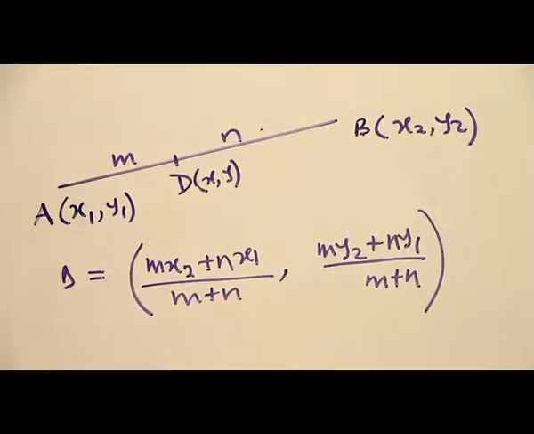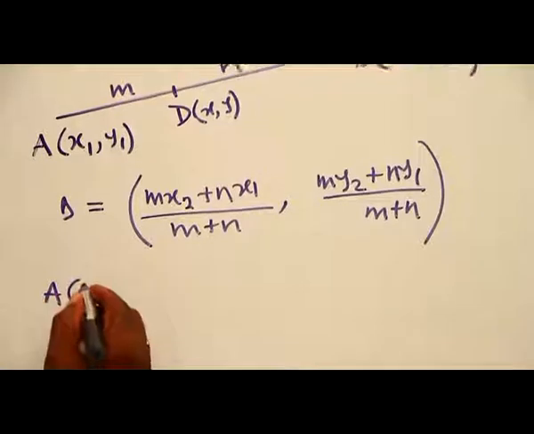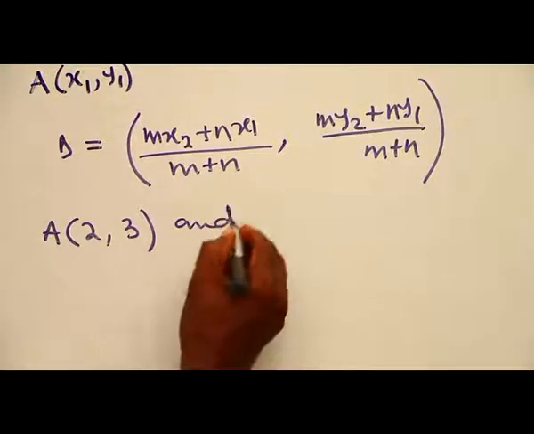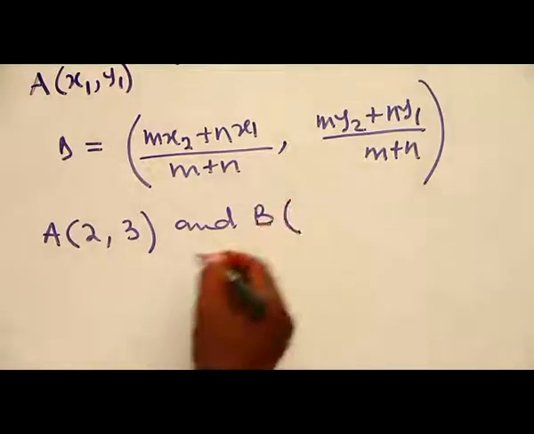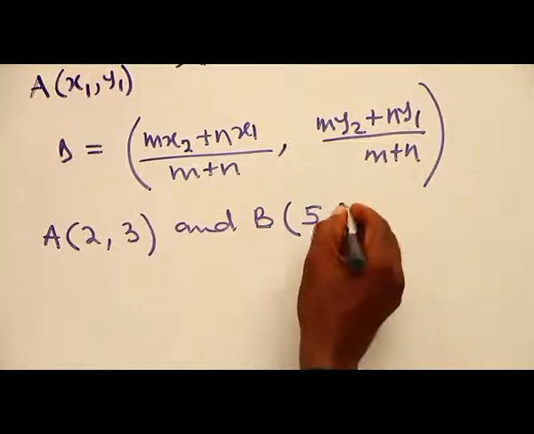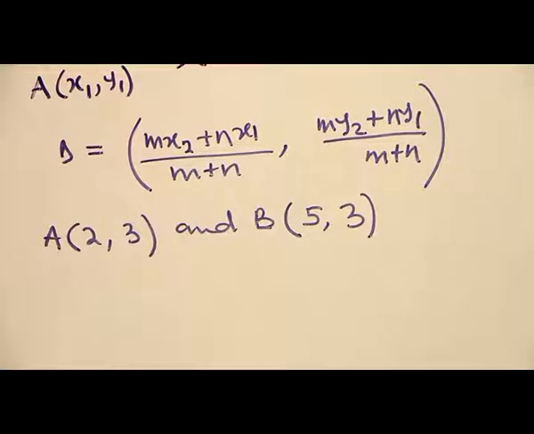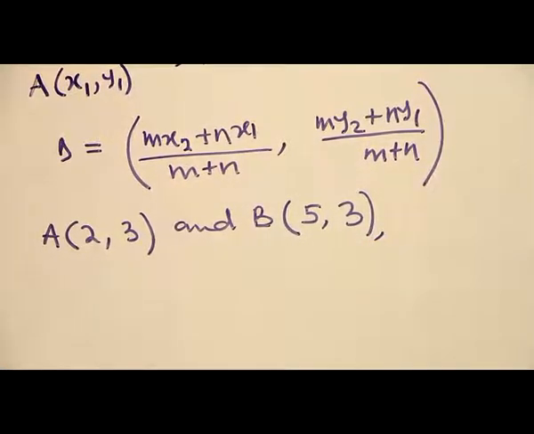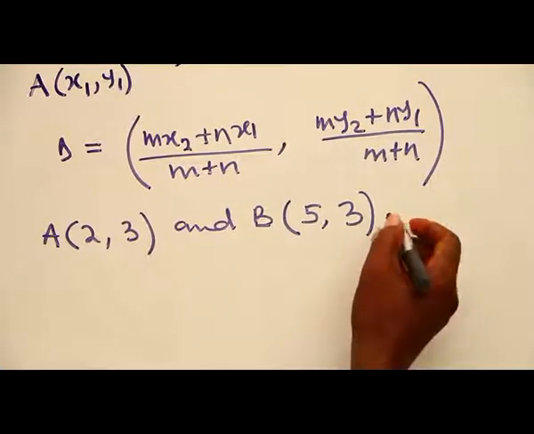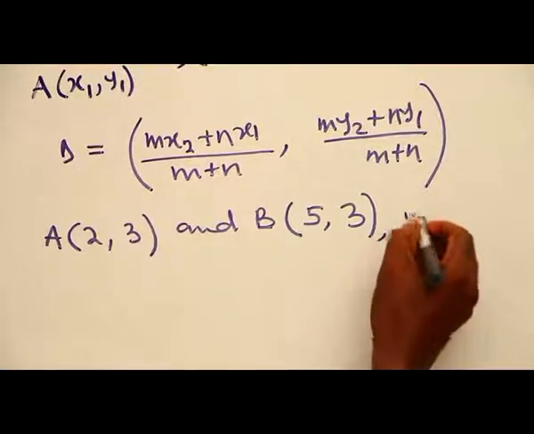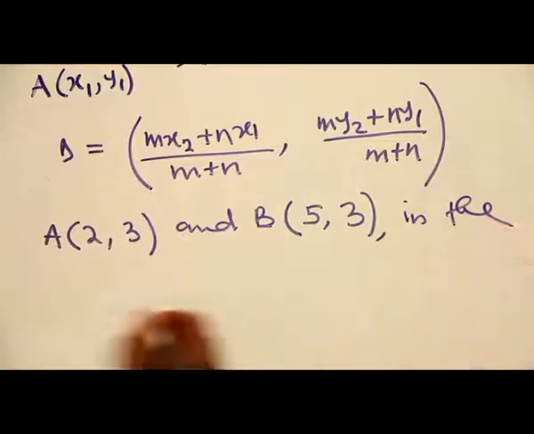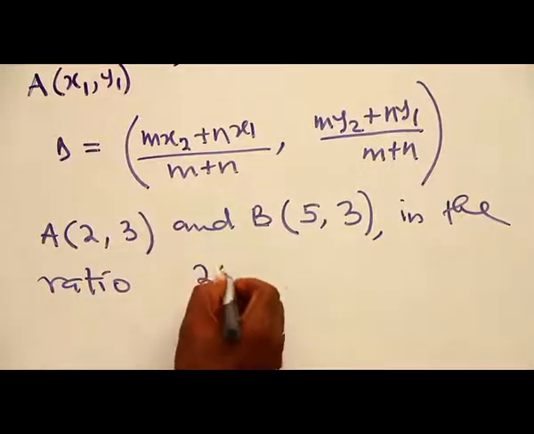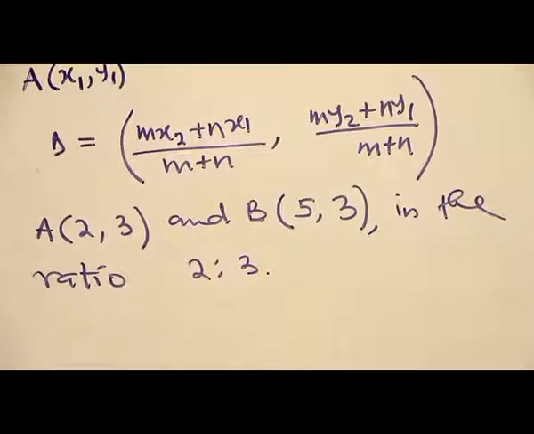Now if we take our point A to be (2, 3) and our point B to be maybe (5, 3), we are required to find the point of the division if the line is divided in the ratio, let's say, 2 to 3.